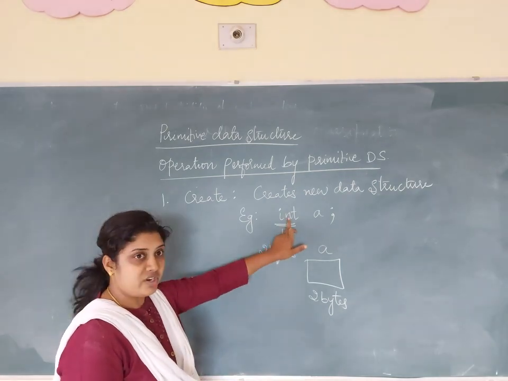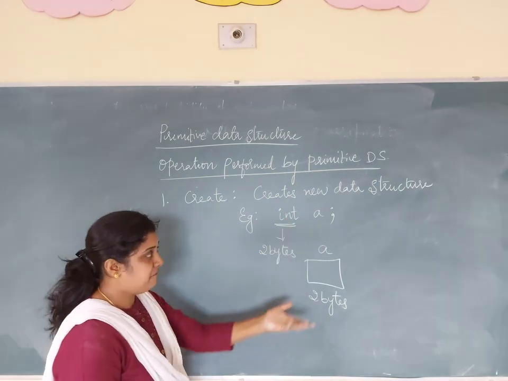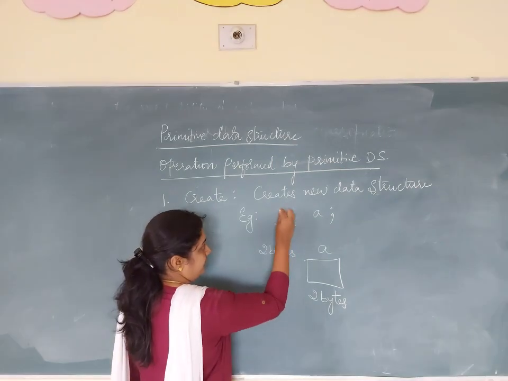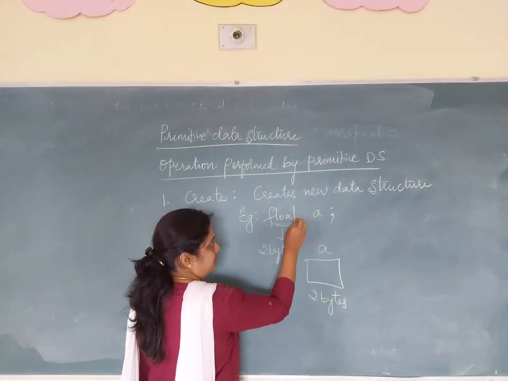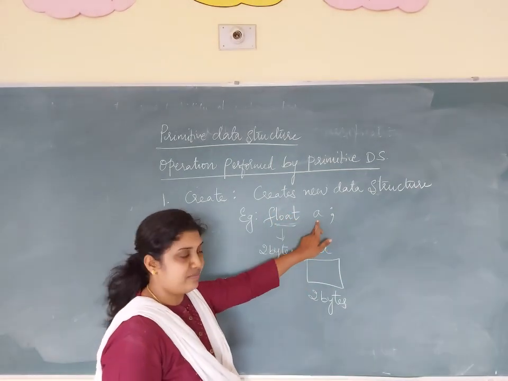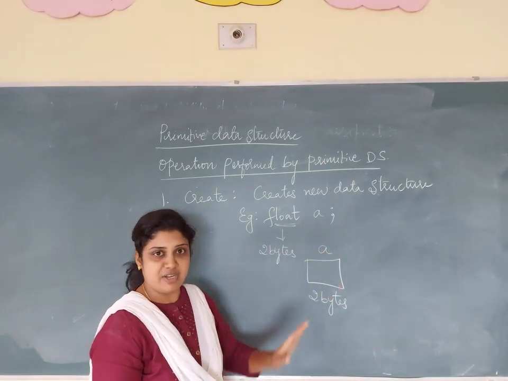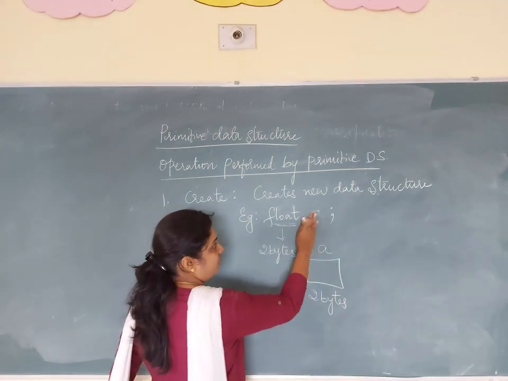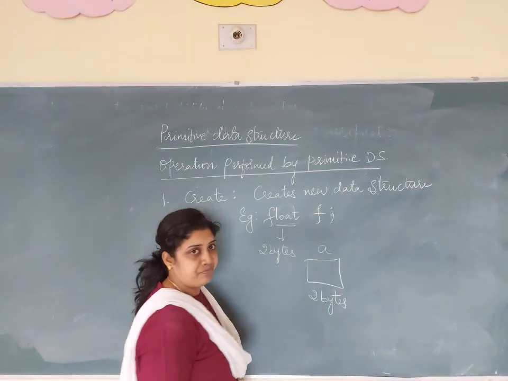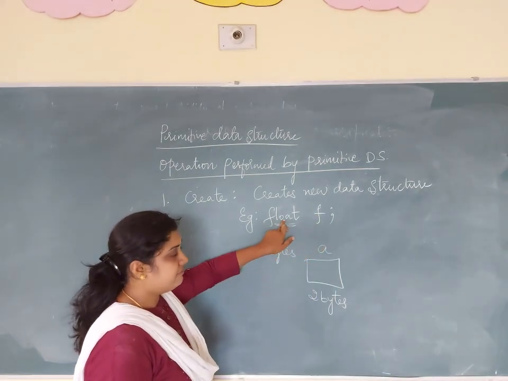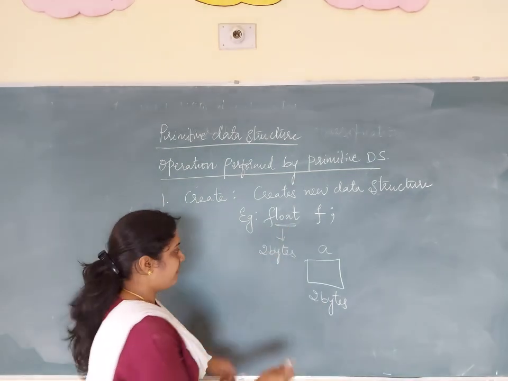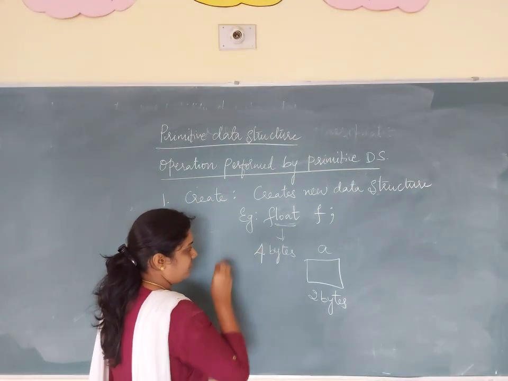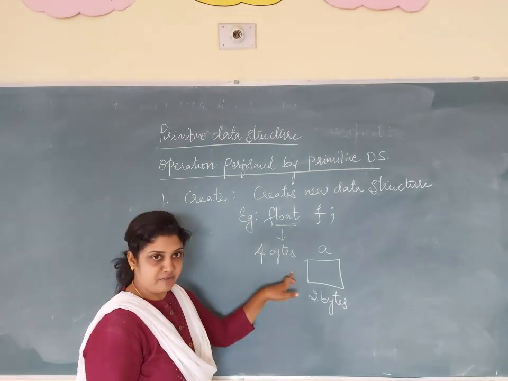Okay, I am using integer. Suppose I am using the float data type, and my programming element is, say, f. Any variable you can take. If I am using float, it reserves 4 bytes of memory, because float supports 4 bytes of memory.